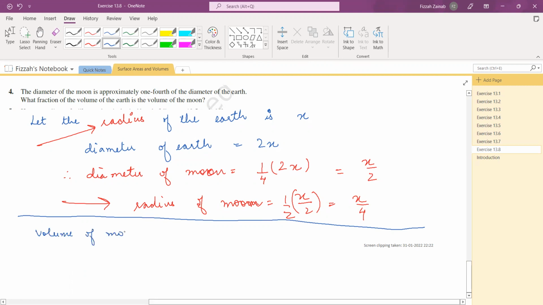So the volume of the moon, let us find first, which is 4 by 3 pi r cube. Now what is the radius of the moon? x by 4 whole cube, right? So this is 4 upon 3 pi x cube divided by 4 into 4 is 16 and 16 into 4 is 64, right?